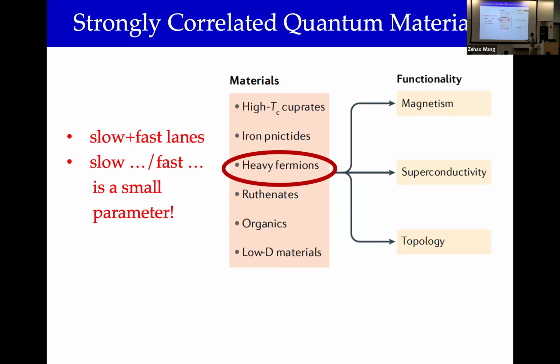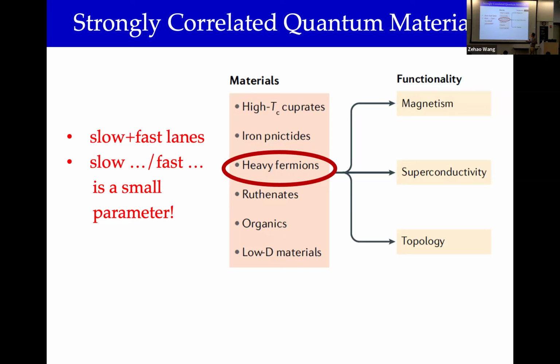Yeah. So the reason is partly materials-wise. There's been a long history and a large material space for these systems, and quite a few of them are very clean, for example, but also partly theoretical. These are systems you can think of as multi-orbital systems. Electrons associated with some orbitals move very slowly because the interaction is very large, while electrons of the other species are acting more like weakly correlated electrons, and therefore they move very fast.